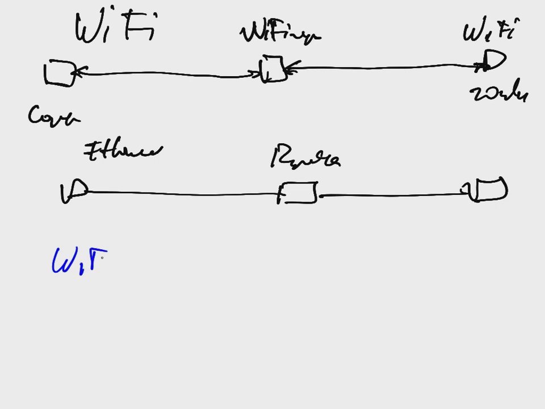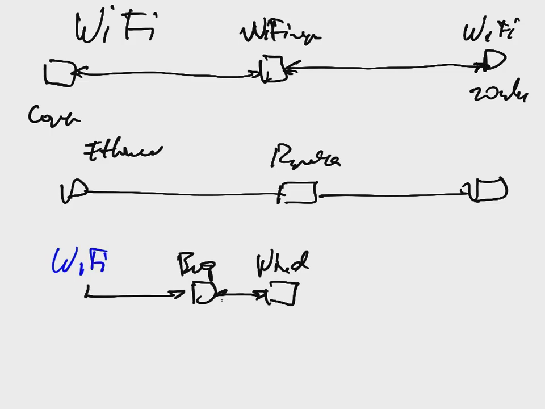But bridges do something like this. You have Wi-Fi here, and you have wired Ethernet here, and then you have this bridge which converts radio waves into electricity inside the wire. And if you have, for example, optics, then again it converts electricity into light.